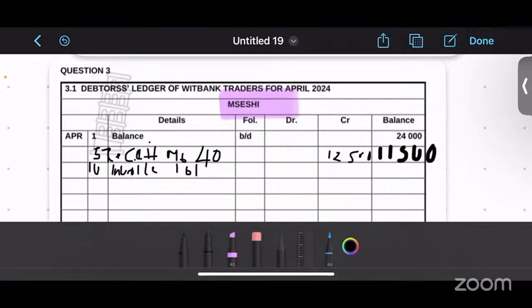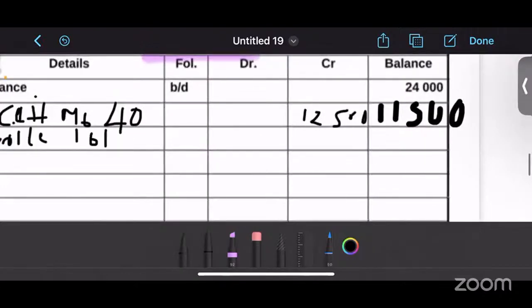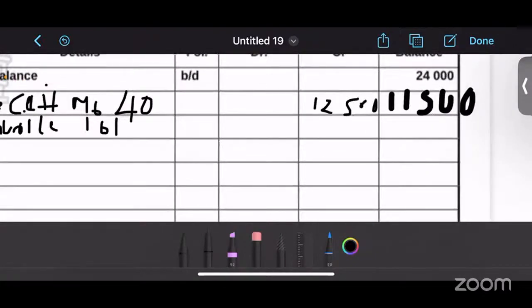How much is this person owing us now? Owing the company. So that means 9,000 minus 900 is going to be 8,100 rand. And we're going to debit that. So that means we're going to say now 11,500 plus 8,100.